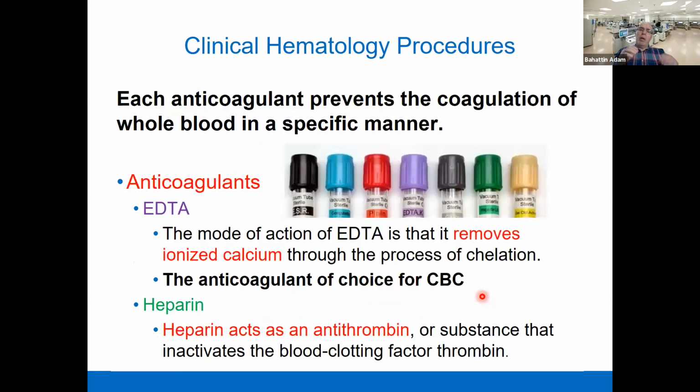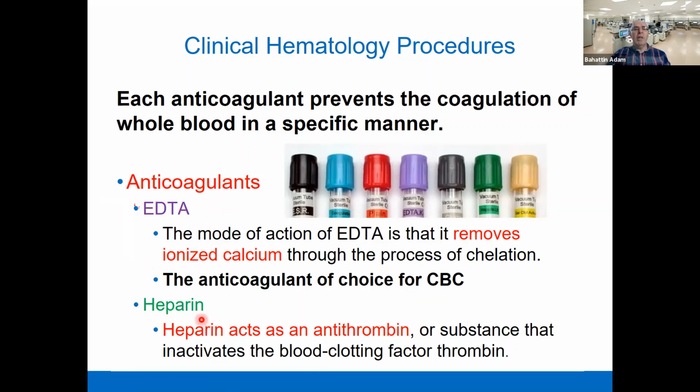Okay, the anticoagulant that we are using for CBC is EDTA. This is the choice for CBC, and heparin is also used for anticoagulant purposes. The mechanism of action of these anticoagulants is not the same.